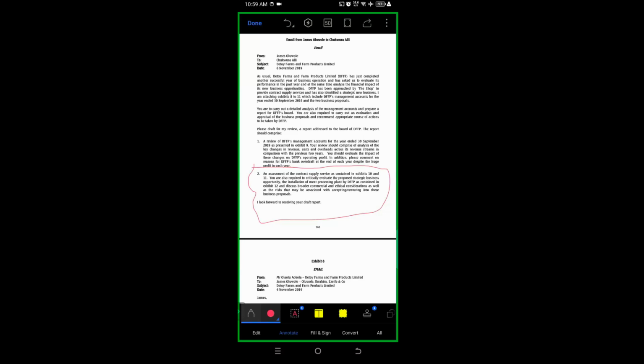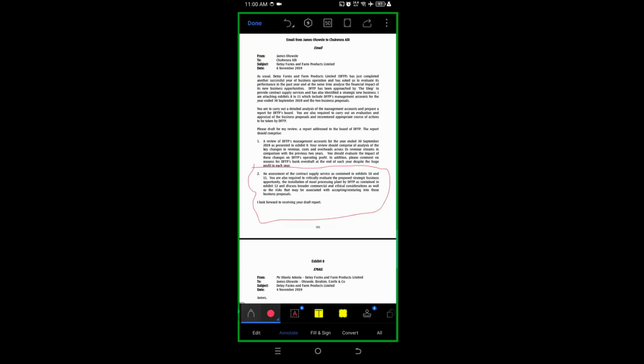The statement continues and says, in addition to the first thing, you are also required to critically evaluate the proposed strategic business opportunity, which is the installation of a meat processing plant by DFFP as contained in Exhibit 12.